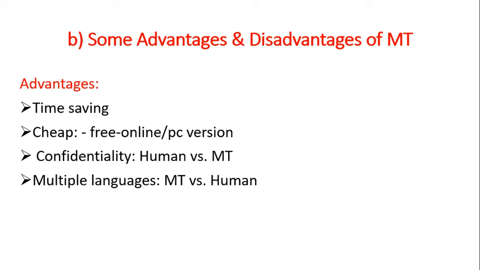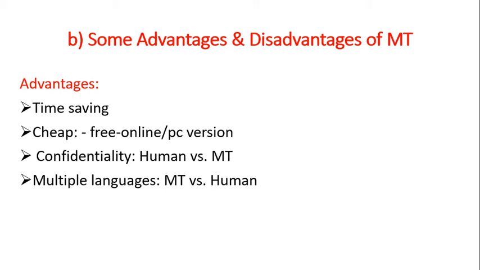I think this doesn't need more clarification or explanation. Machine translation is cheap because it is free online. You don't have to pay money. Even PC versions of machine translation software are cheaper than human translation. I'm not explaining this point here in this lecture.